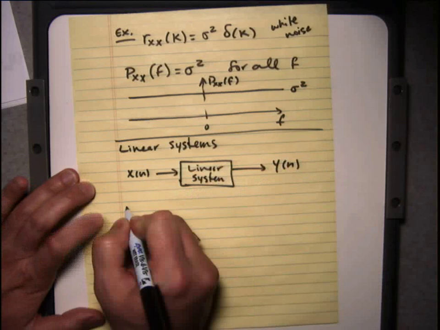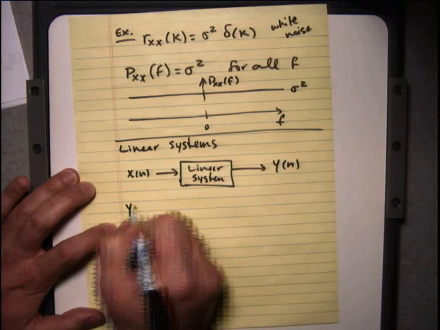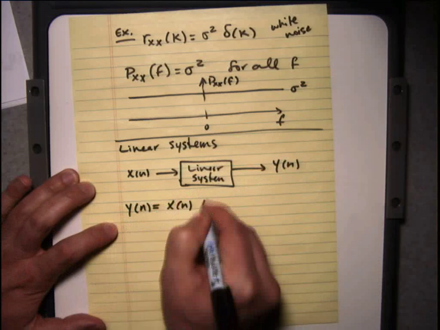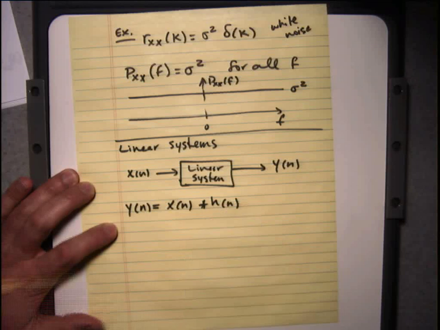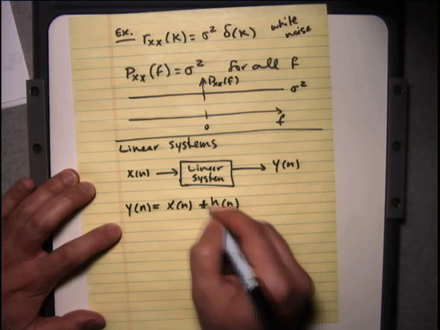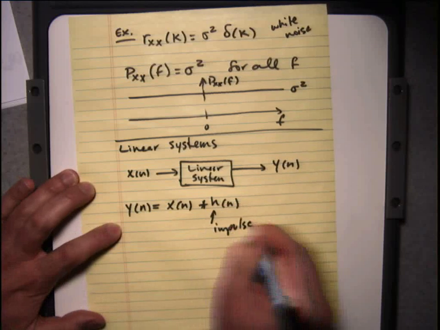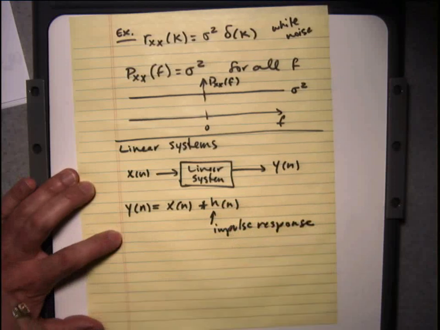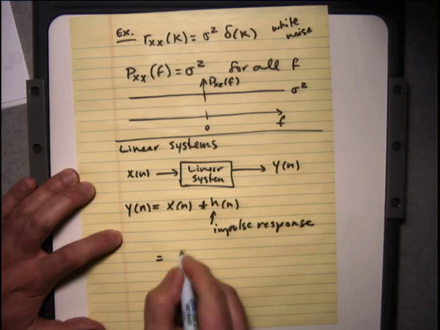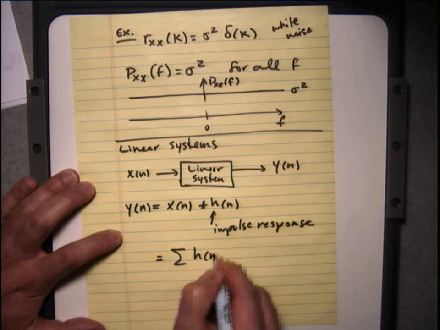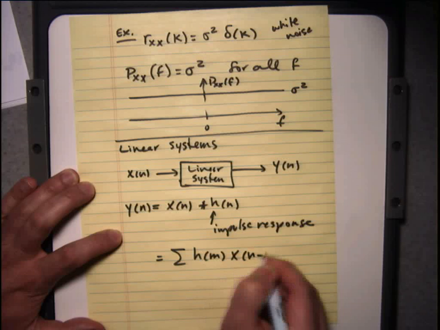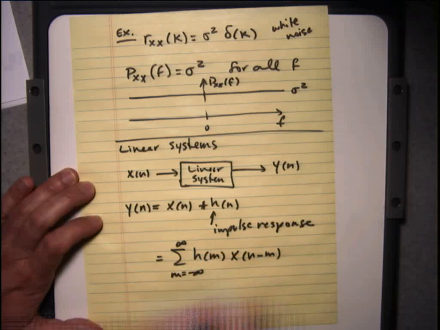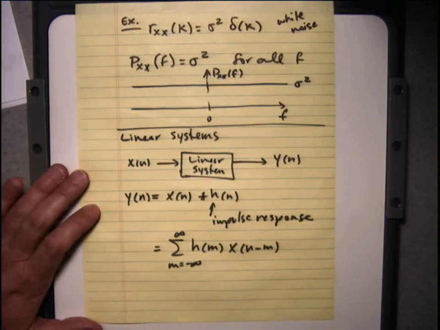You know well that y of n is x of n convolved with h of n, where h of n is called the impulse response. The equation that defines this is the sum of h of m x of n minus m, with m from minus infinity to infinity. This is just the convolution equation.